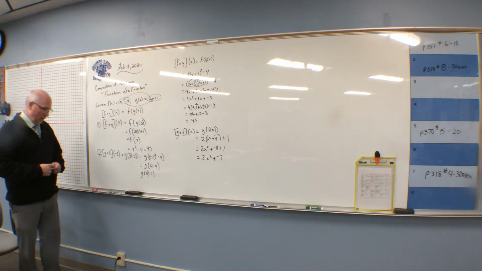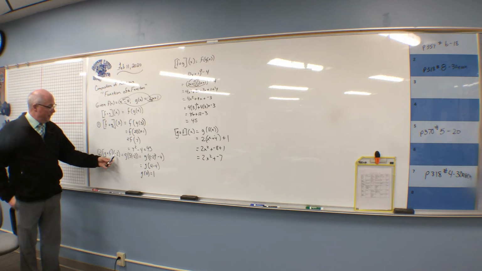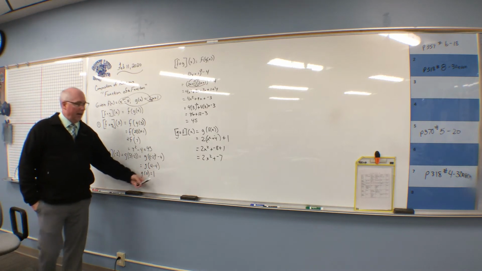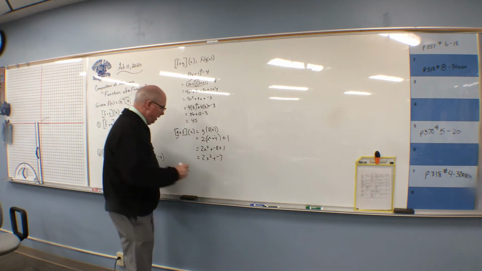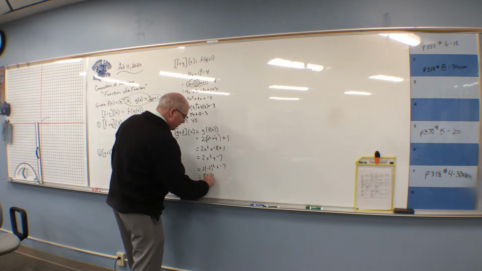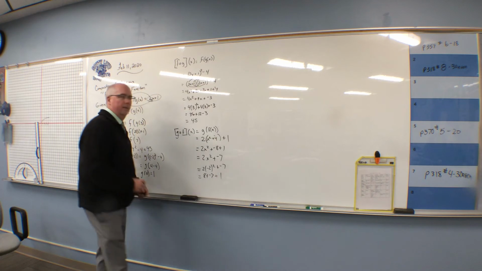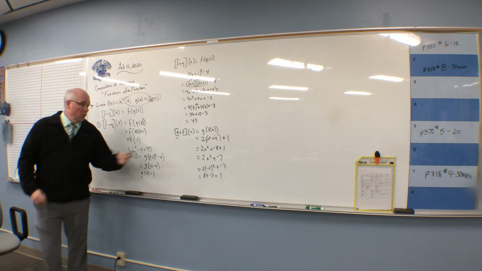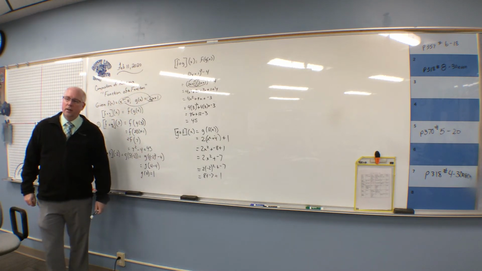Do you remember when we put in a negative 2? Let's see if we get 1 back. If we put a negative 2 in here, we get 2 times a negative 2 squared plus negative 7. That is 4 times 2 is 8. What's 8 plus negative 7? 1. So either method works, and this one's not so bad, is it?